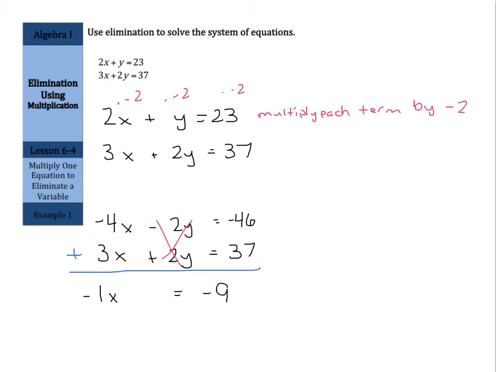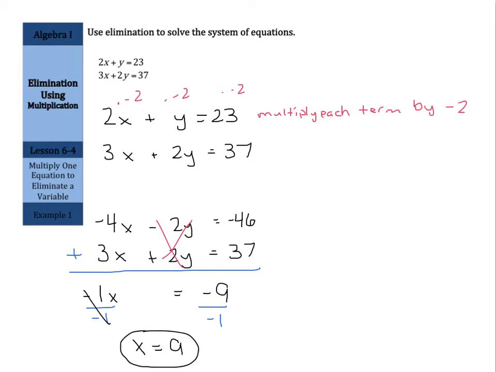Now be careful, we have a negative 1x or negative x. We need to divide by negative 1 on both sides here. And our final answer is going to be x equals 9. Well, not our final answer, but at least for this step. x equals a positive 9.